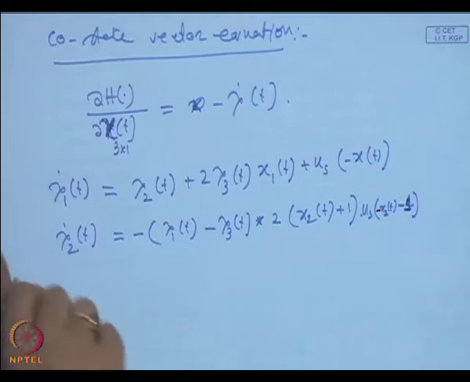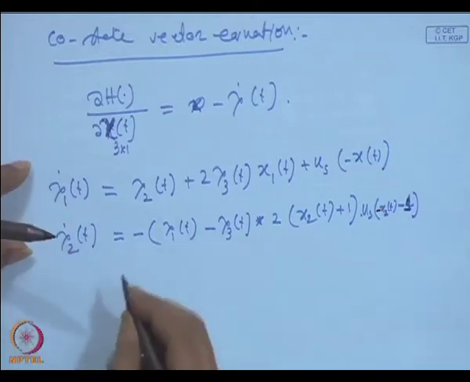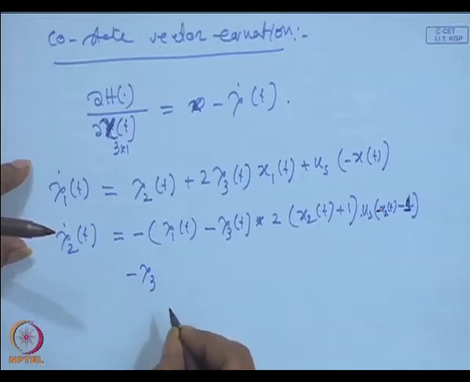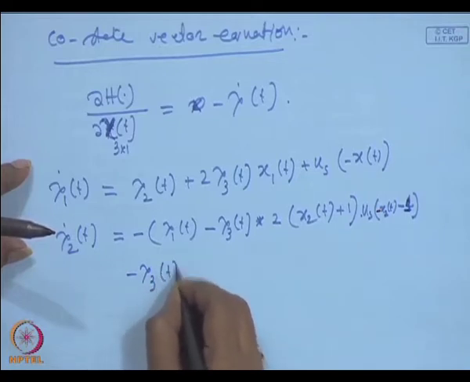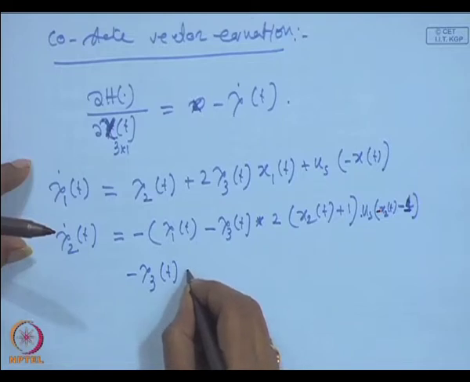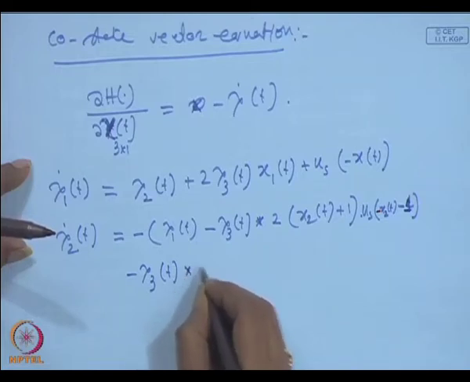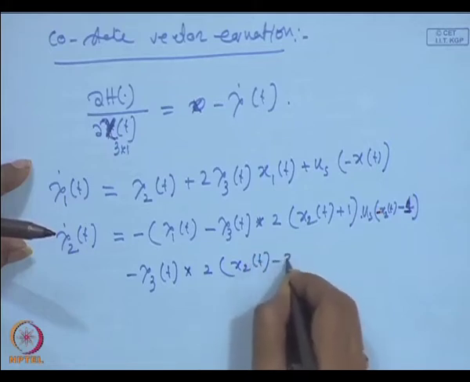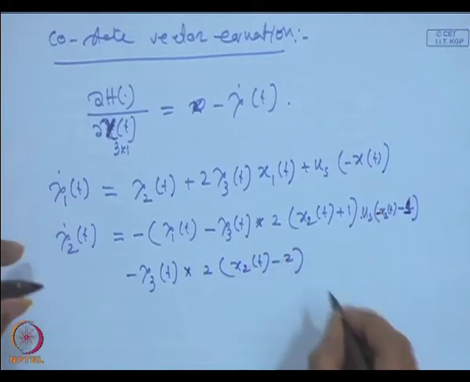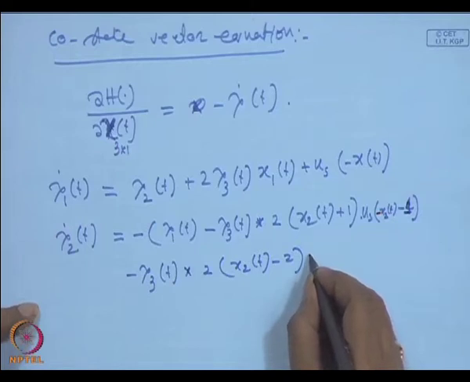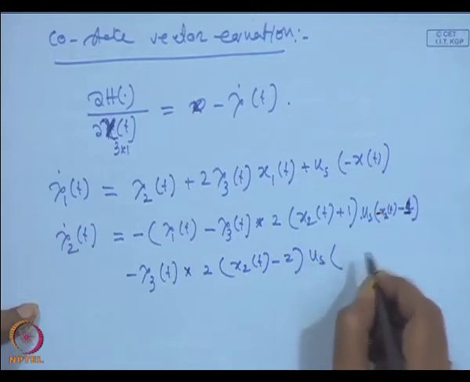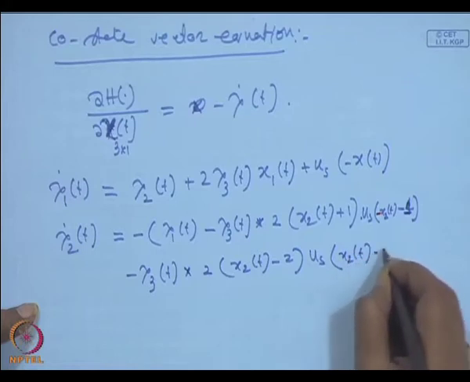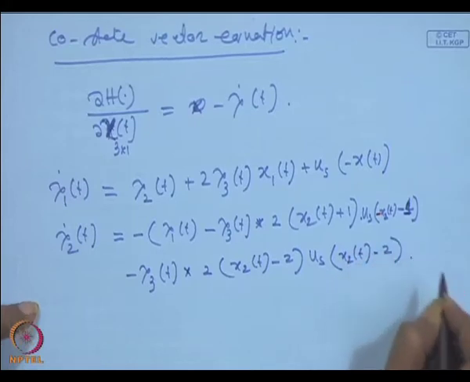Okay. Then next is your lambda 3 dot of t, minus into 2 x 2 of t minus 2, u star x 2 of t minus 2, this.